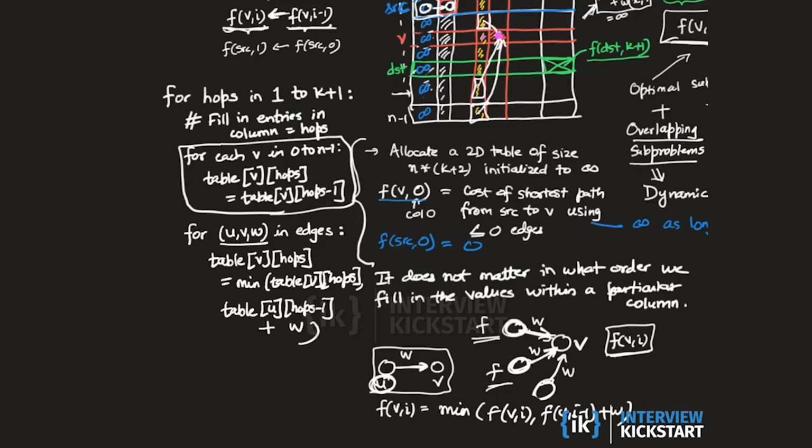If I do this update for each edge in my graph, I would have updated all the f values in my current column, which is given by the hops variable.